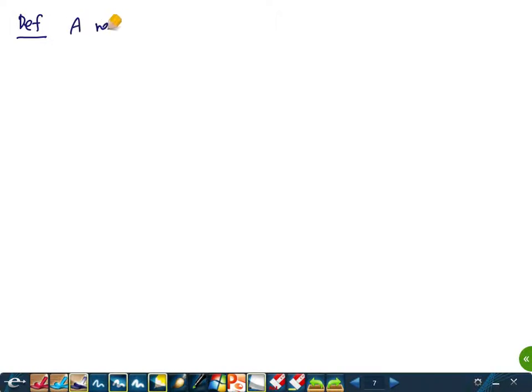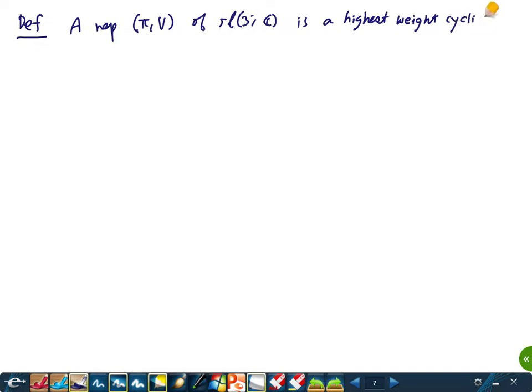Our representation of SL3 is called a highest weight cyclic representation with highest weight mu, which is of course (m1, m2), if the following condition holds.